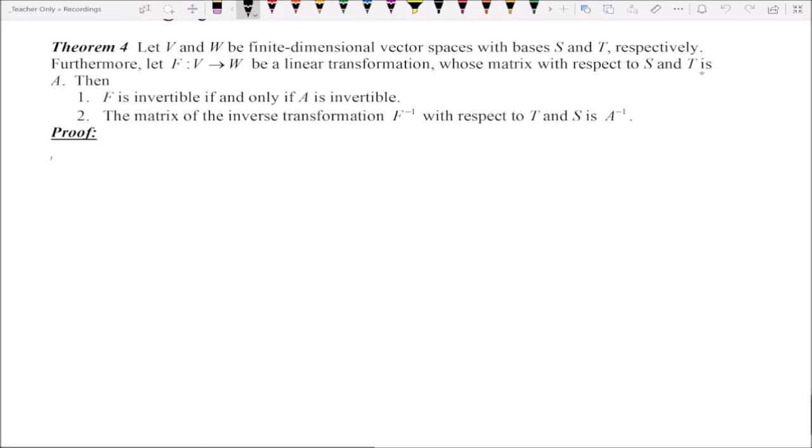For the first one, recall that f is invertible if and only if f is 1-to-1 and onto.